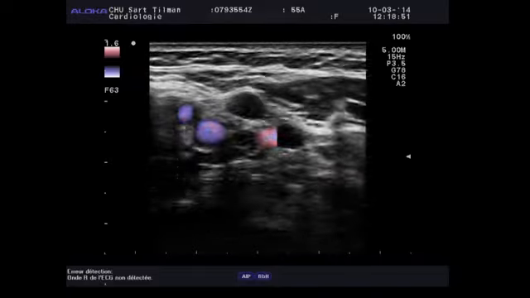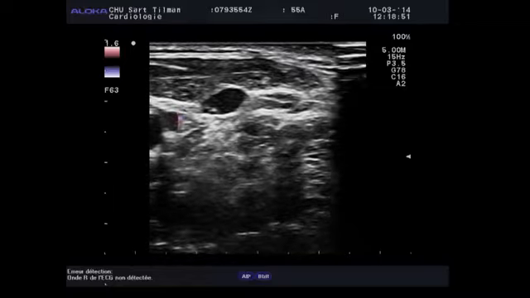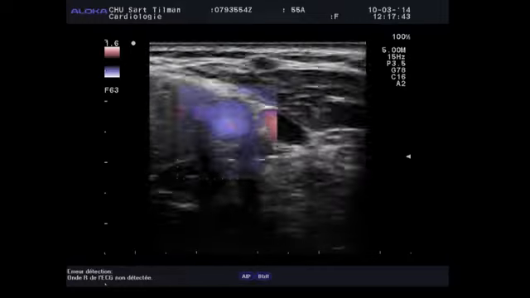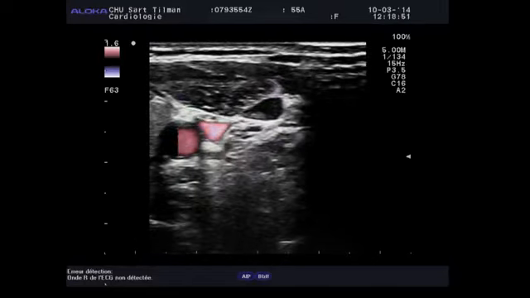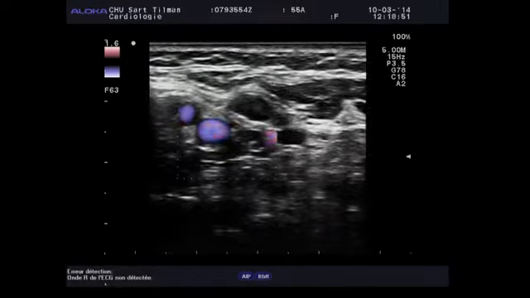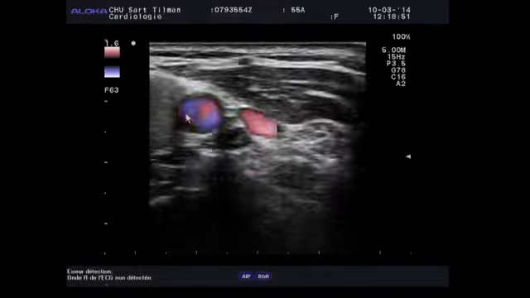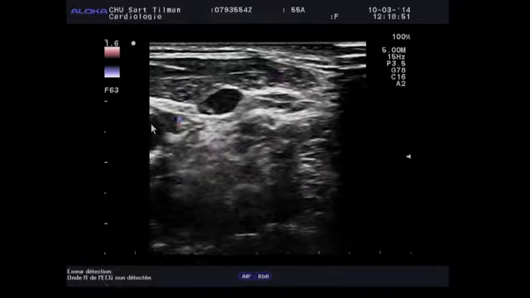Once again. Then I move to the bifurcation. And here you have the external carotid artery. He's swallowing.